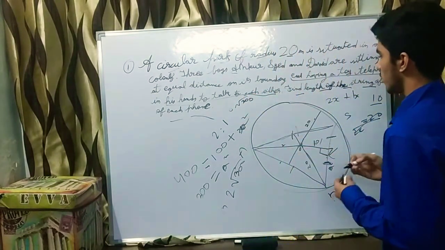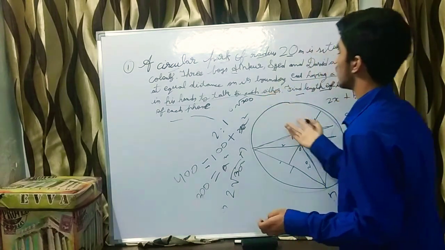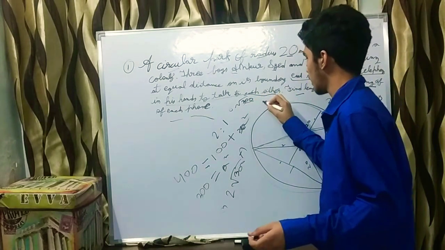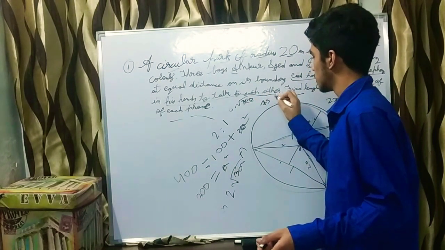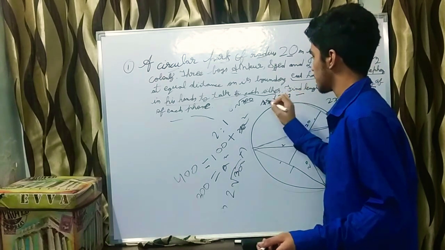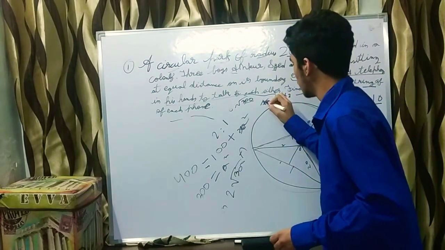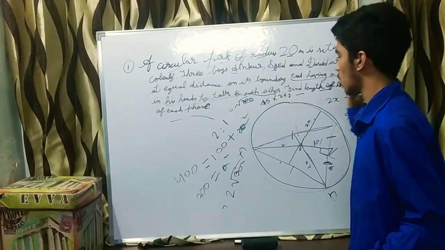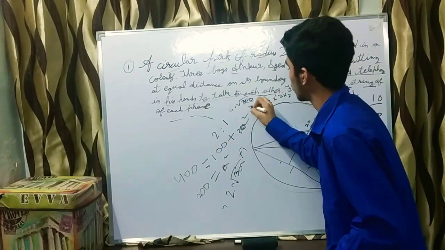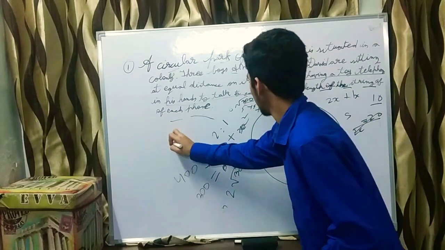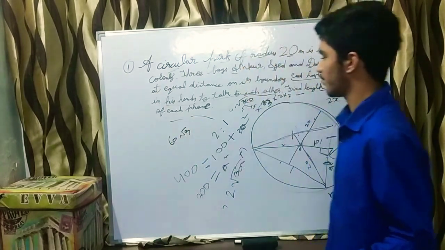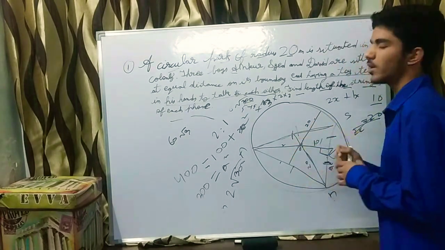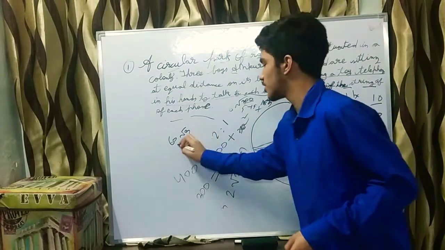It can be simplified further. 300 can be separated into 75 into 4, and 75 can be separated into 15 into 5, so 3 into 5 into 5. So we can say that it is equal to 60 root 3. So the whole total length of the string is 60 root 3 meters.